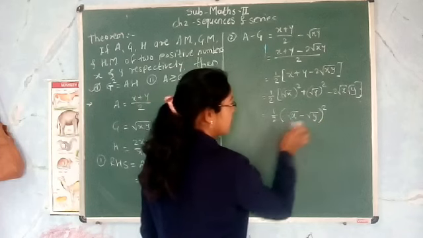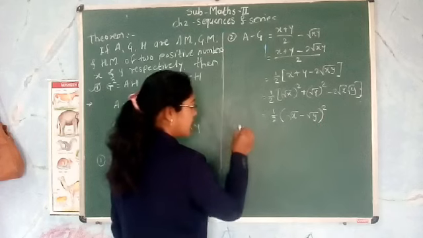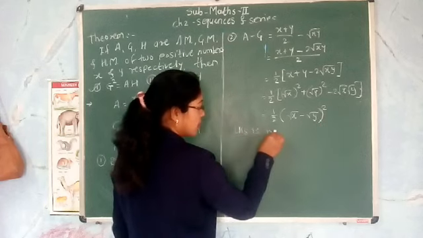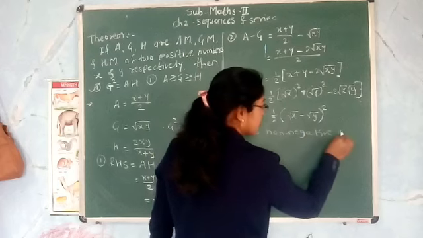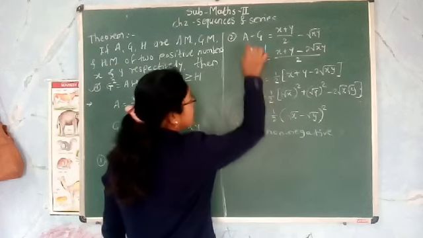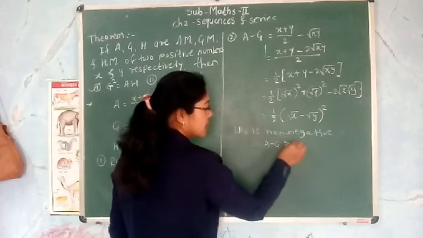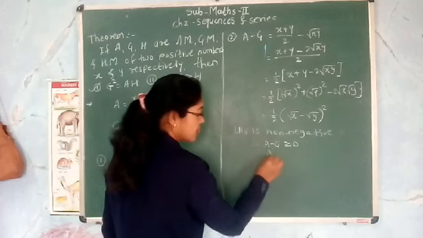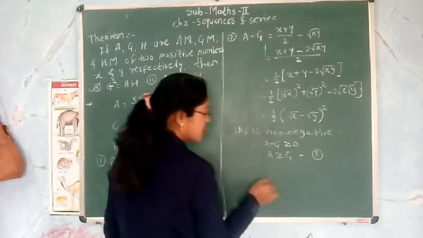And square is always positive, so this is a non-negative term. So a minus g is greater than or equal to 0. So a is greater than or equal to g. This is our first equation.